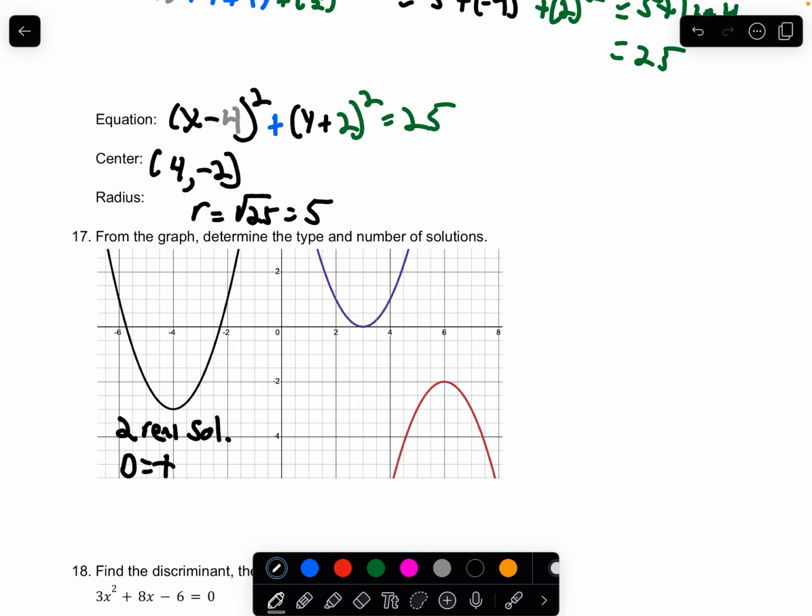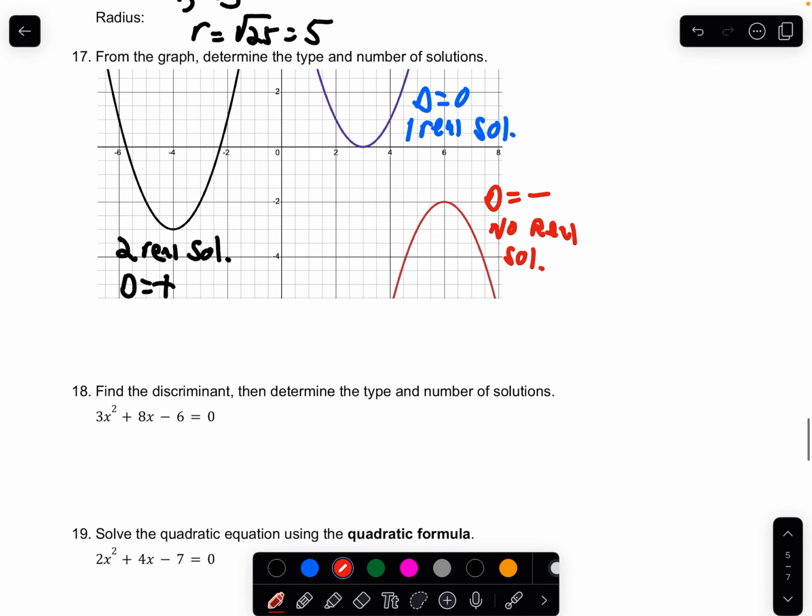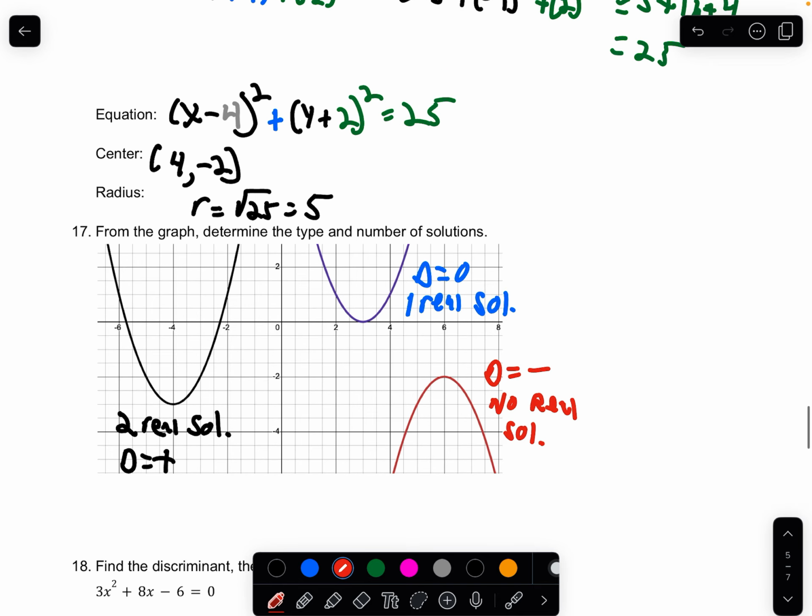Up here, I'll do it in blue, to match that, you have D equals 0 because there's 1 real solution. And then this red one is D equals a negative, and there are no real solutions. Pretty easy by looking at the graph.